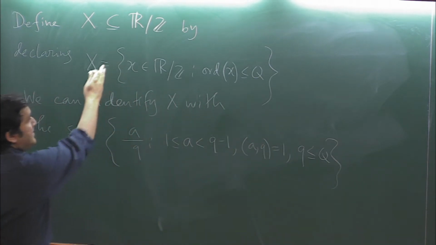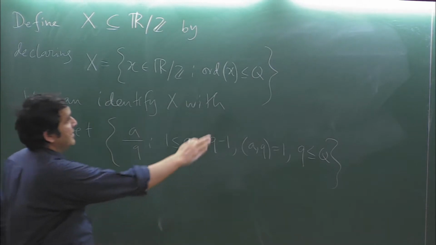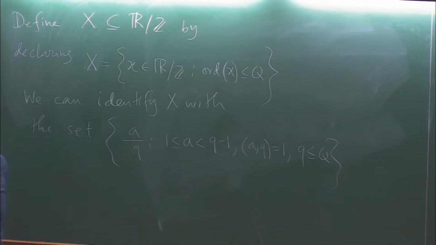This set and this set are the same thing. If something has order less than or equal to capital Q, it will look like a rational with denominator up to capital Q.